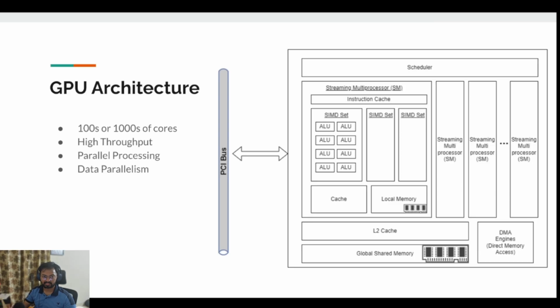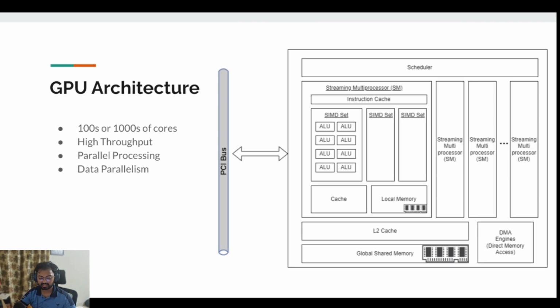That is why the GPU is only suitable for problems like data parallelism, and why it is better for machine learning applications and inferencing. So for that, let's look at our GPU architecture.